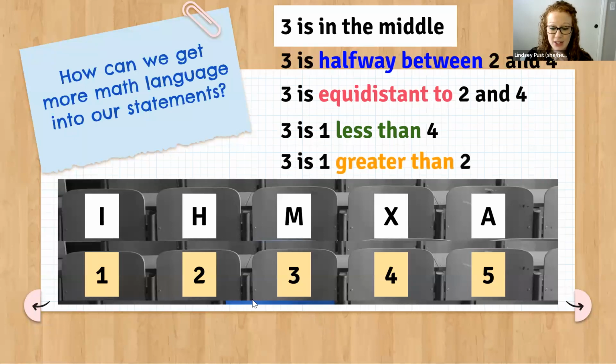Or 3 is 1 greater than 2. 3 is 1 greater than 2. So as we move to the right, our numbers are getting bigger. So these 4 words we're going to practice using today to describe where these numbers are in relation to each other.